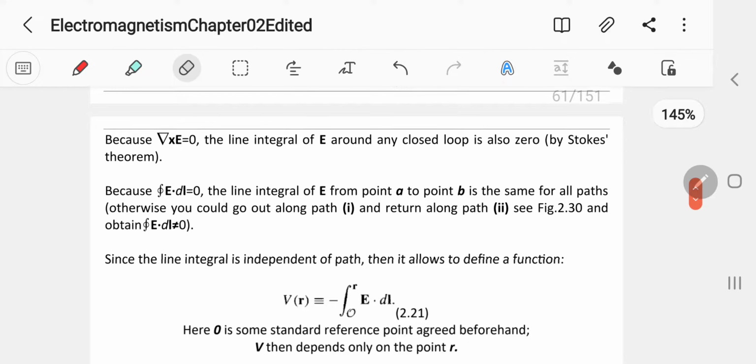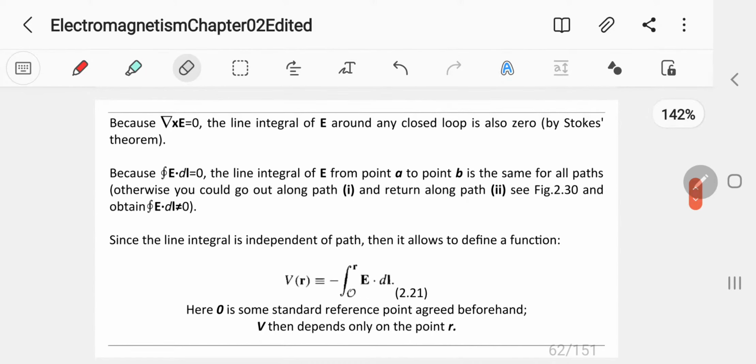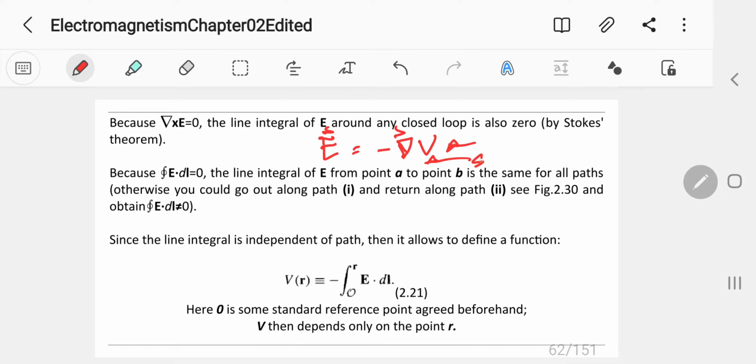And so we define the potential to be this: E is just the negative gradient of some scalar V, where V here is called the scalar potential.